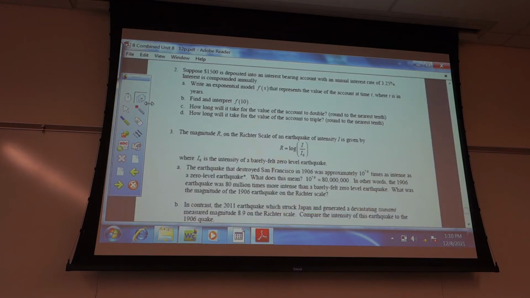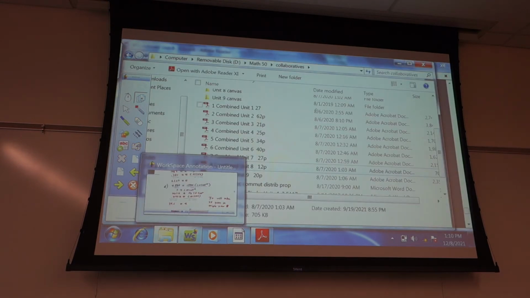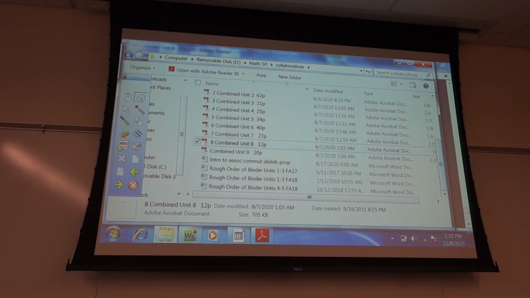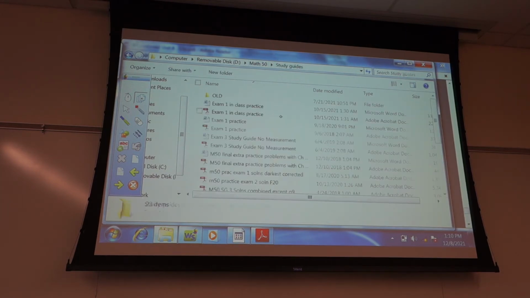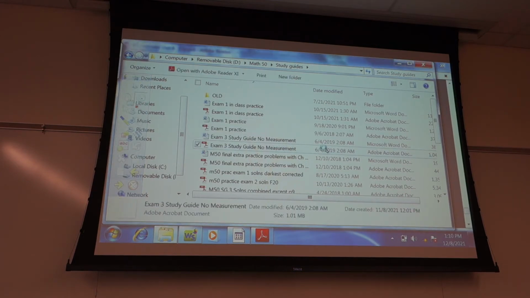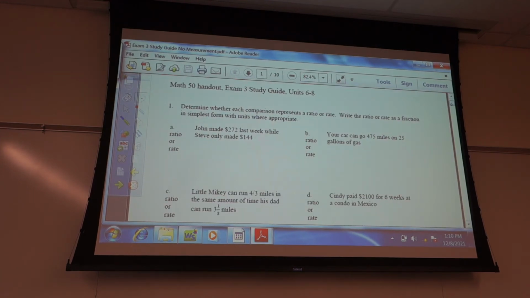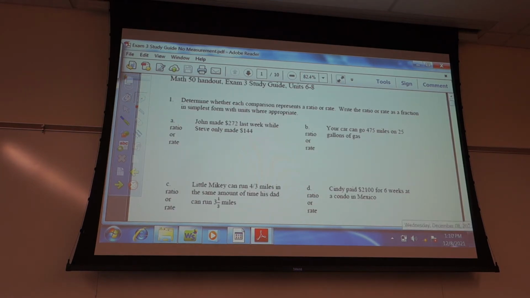All right, so that is it for that packet. I do want to take a look at our practice. Maybe we should take a look at some of these, because it's been a little while. We have several options.